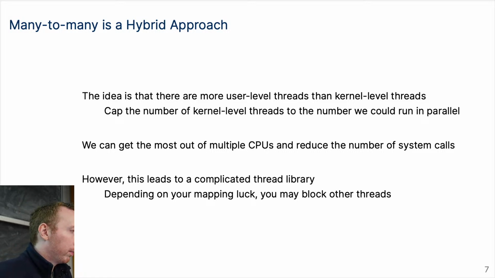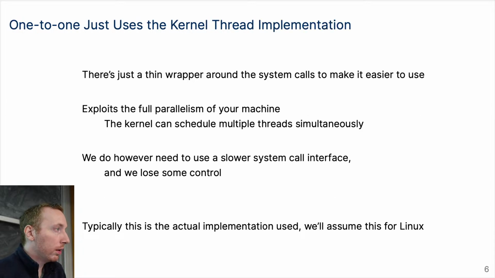Can you go to slide 1 to 1? I'm just wondering what that means by thin wrapper around the system call. Because in one-to-one, since it's the kernel implementation, you don't have to do any management, any context switches, any scheduling, or anything like that. So your library pretty much just uses a system call to create a thread, and that's about it.